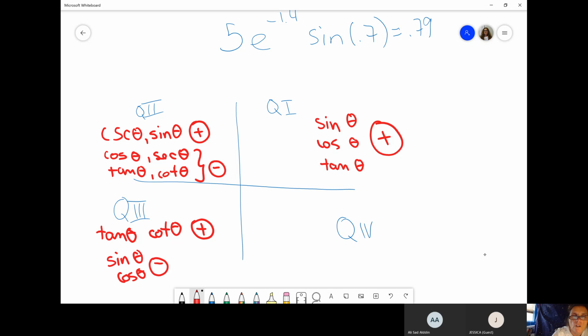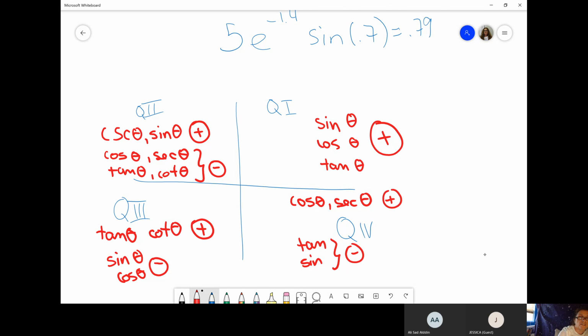In quadrant 4, the cosine and the secant, the reciprocal, have to be positive. The tangent and the sine and their reciprocals are all negative. You must know in which quadrant you are located.